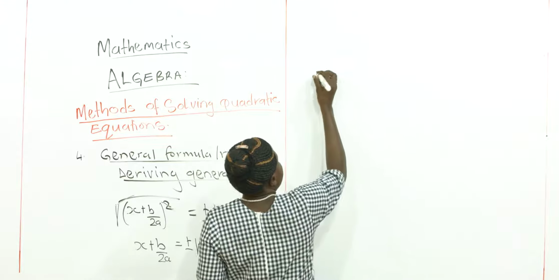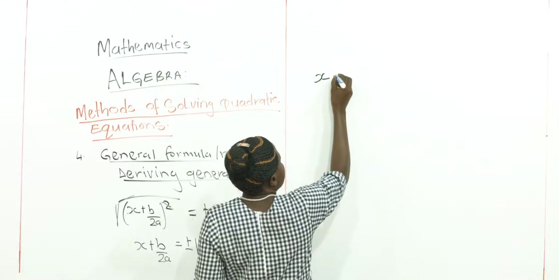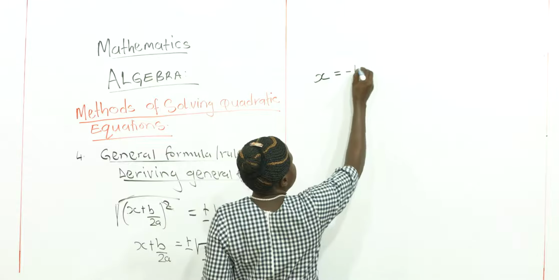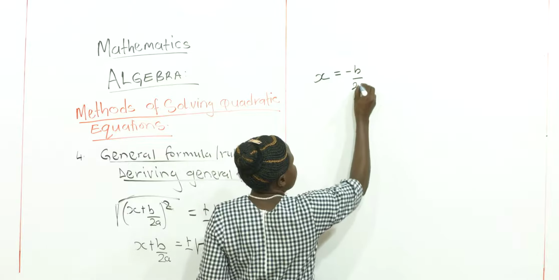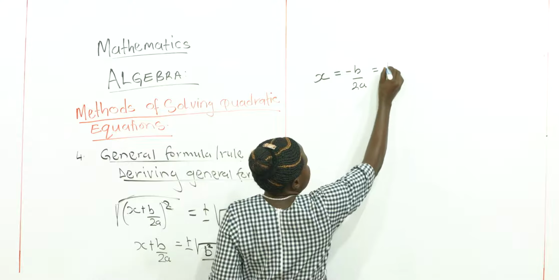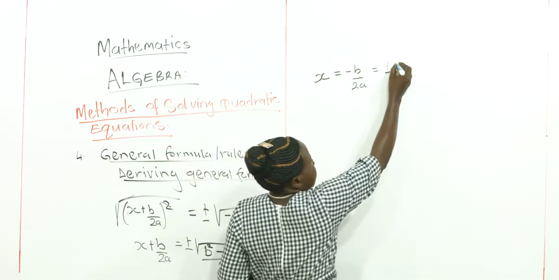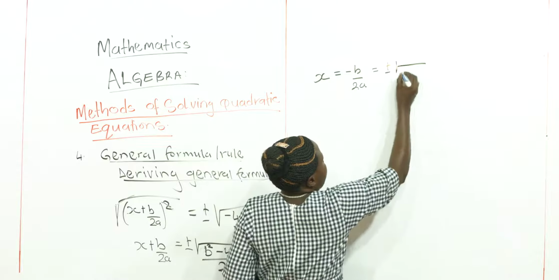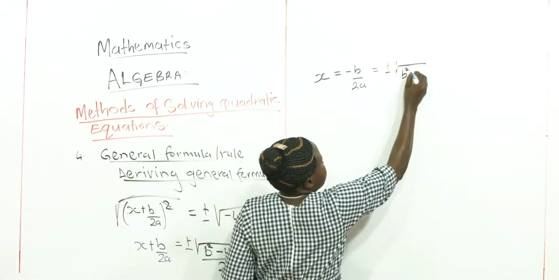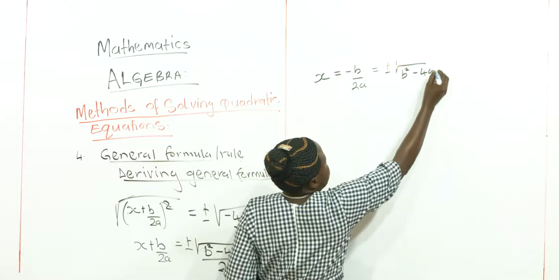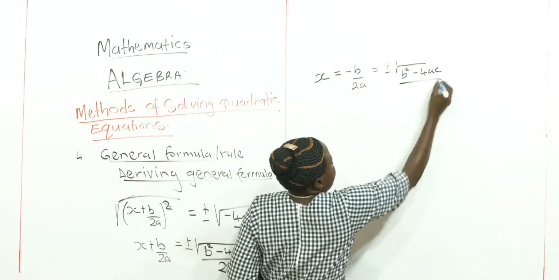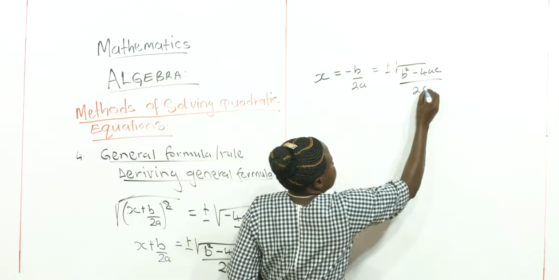So when we solve it, we get x equals to negative b out of 2a, which equals plus or minus the root of b squared minus 4ac, all out of 2a.